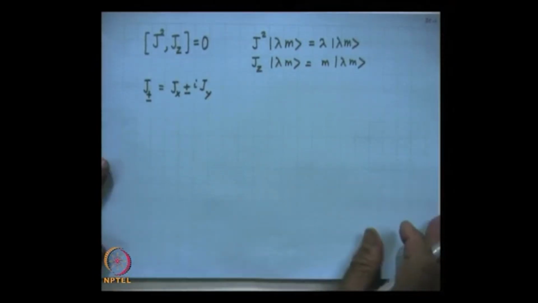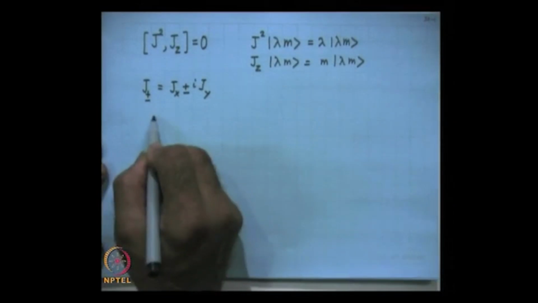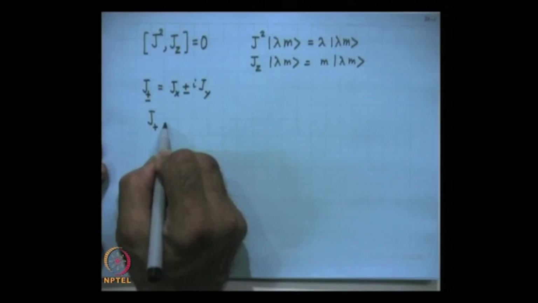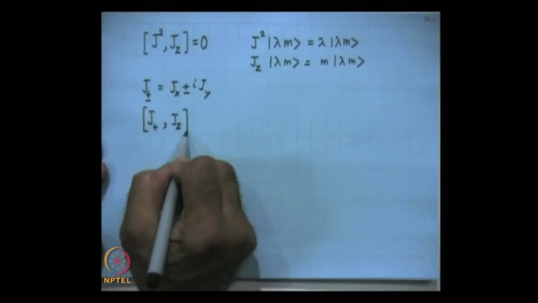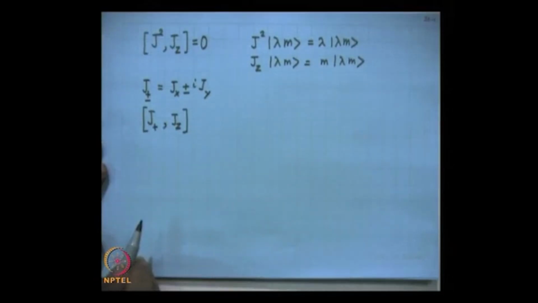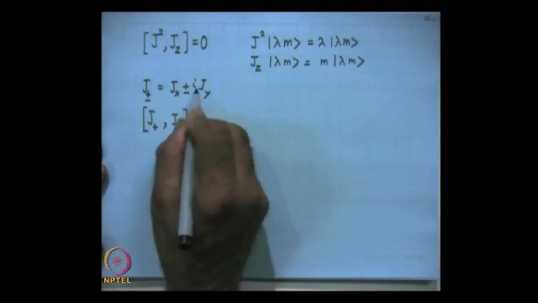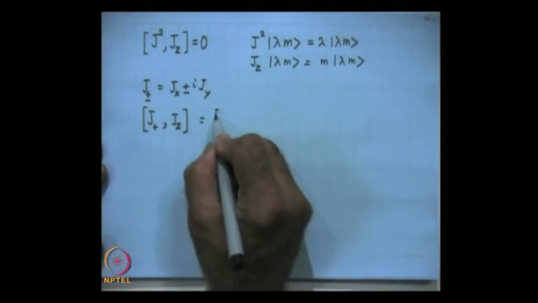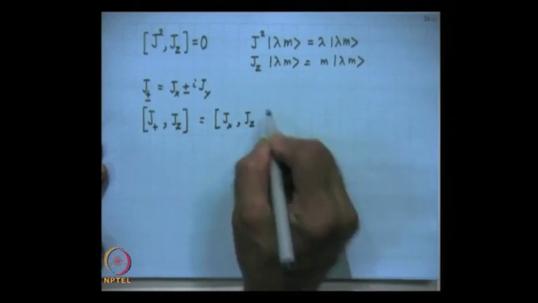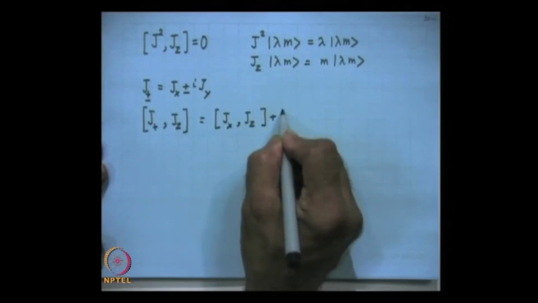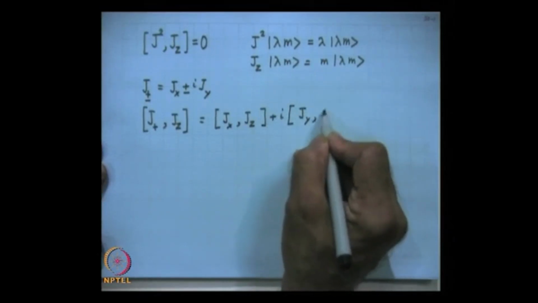Now let me consider the commutation of J plus comma J z. So, this is J plus J z minus J z J plus. J plus is equal to J x plus i J y, so this will be J x comma J z plus i J y comma J z.